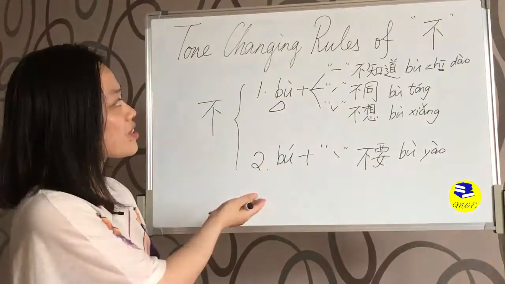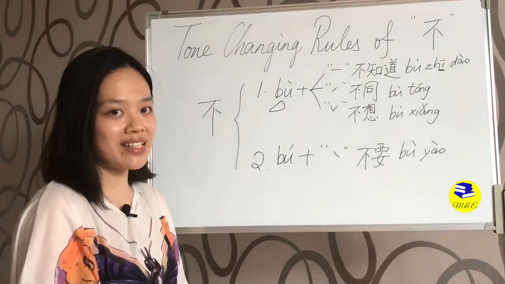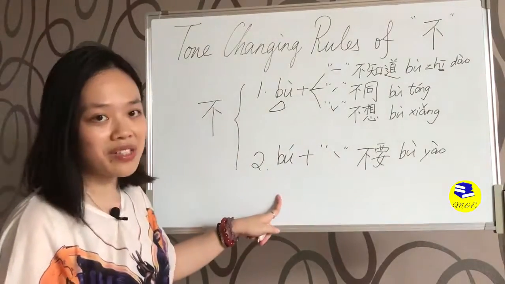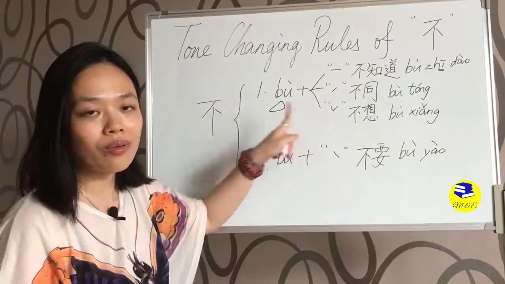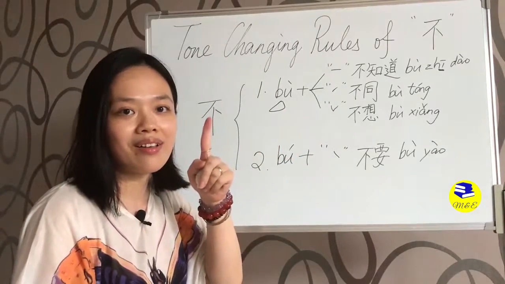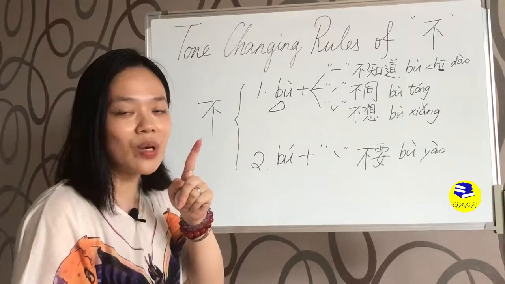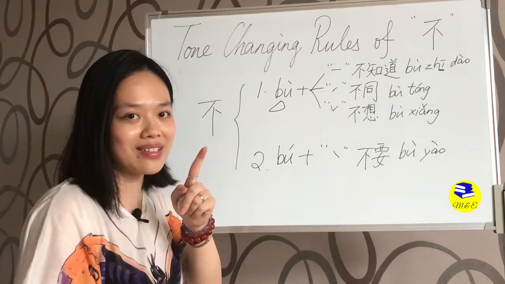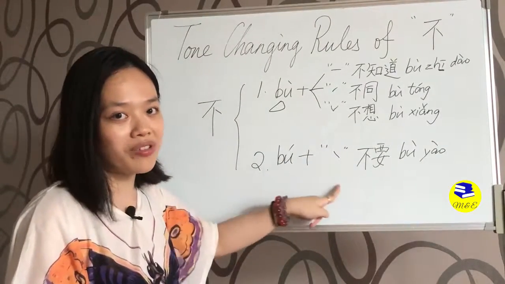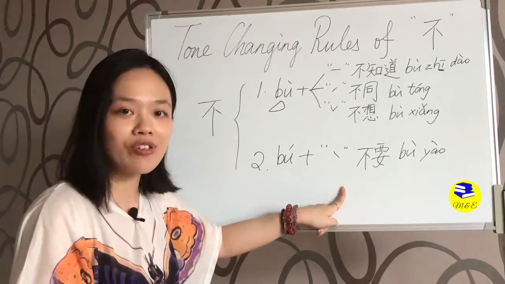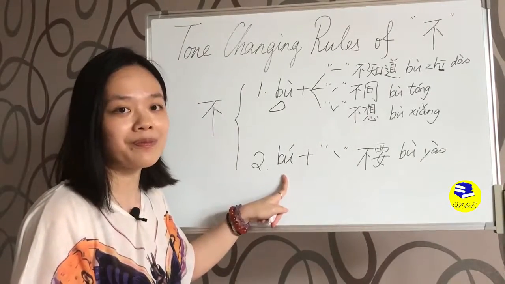That's all the tone changing rules here for character bu. See, easy. Only two situations, and most of them pronounce bu. Only one situation it changed the tone into second tone. What's this? This one, right? When they follow with the character whose tone is fourth tone, it need to change the tone into second tone.